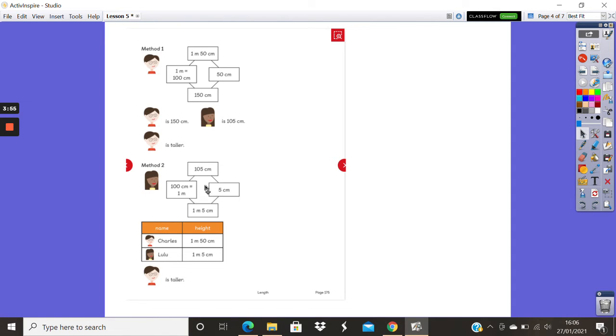Or you can convert the other measurement into metres. So you've got 105 centimetres will be 100 centimetres or 1 metre. 5 centimetres left, add those two together would be 1 metre 5 centimetres. So as you can see, Charles is taller than Lulu because he is 1 metre 50 centimetres and Lulu is 1 metre 5 centimetres.